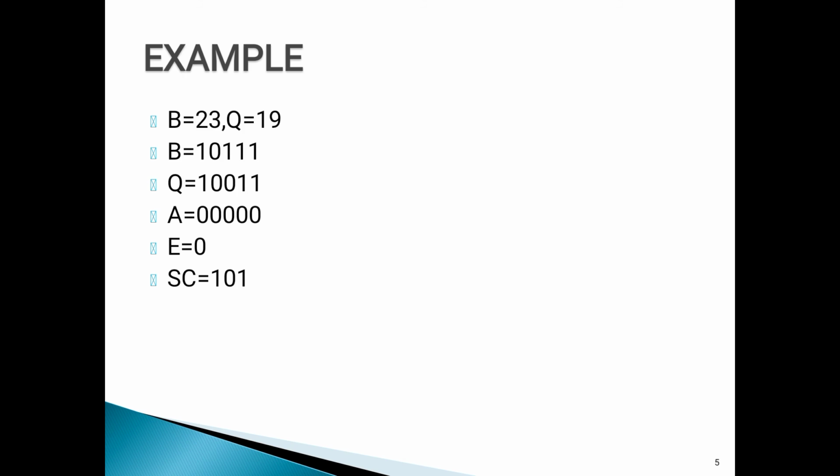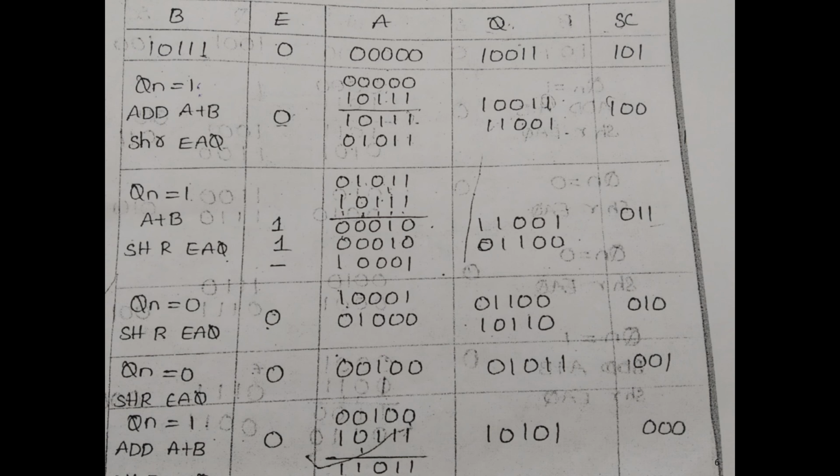What is the least significant bit of the multiplier? That is Qn. If Qn is equal to 1, then what will you do? Add A and B. What is the A value? Five zeros. What is the B value? 10111.